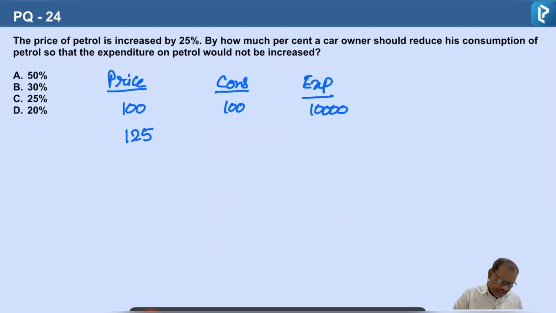Expenditure is the same, 10,000. So 10,000 by 125. 25 fives, 25 fours. Carry 2 zeros. 5 80s. So that is 80.